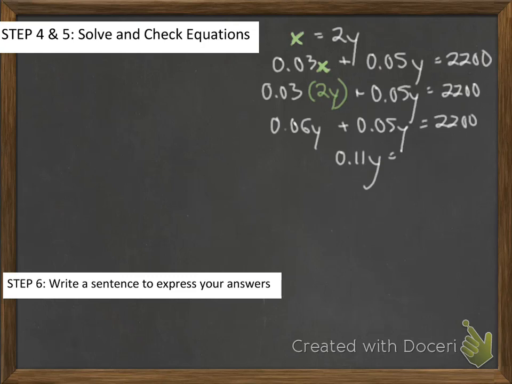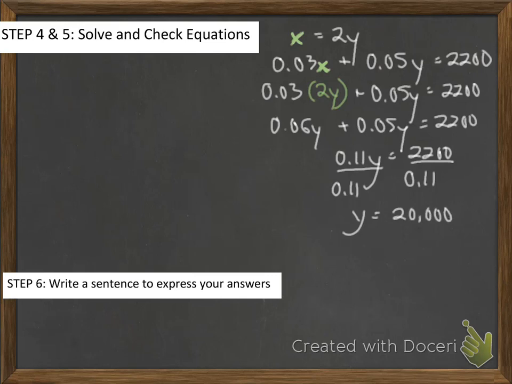That gives me 0.11y, or 11% y, equals $2,200. So we find out that y is equal to $20,000.